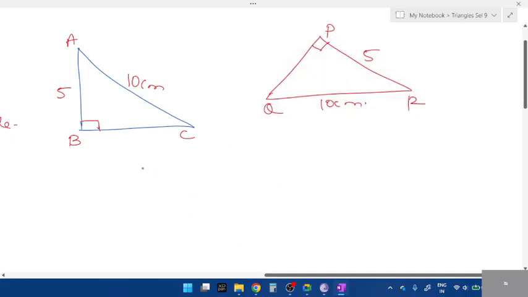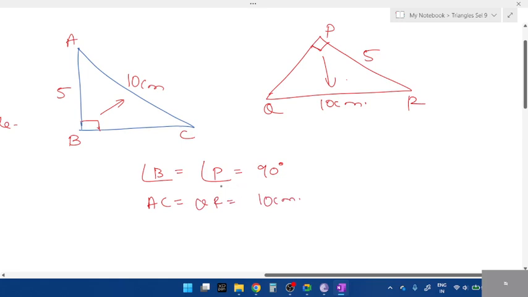Okay, how do you tell that it is congruent? Which two angles are 90 degrees here? Angle B is equal to angle P, 90 degrees. Then what about the hypotenuse? Which one is the hypotenuse? Opposite to 90 degrees, right? AC is equal to, what's the hypotenuse for the other triangle? QR. Both are how many centimeters? And both are equal.